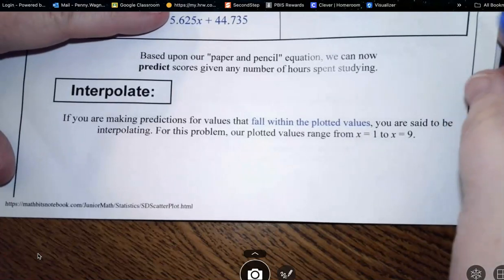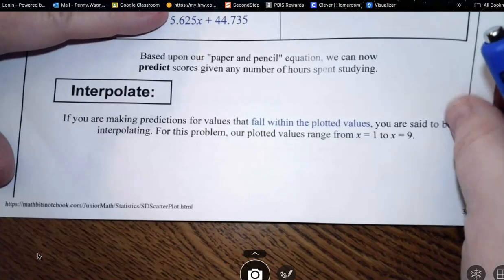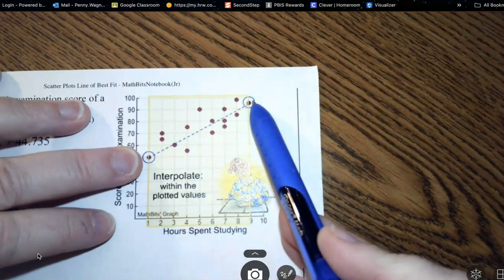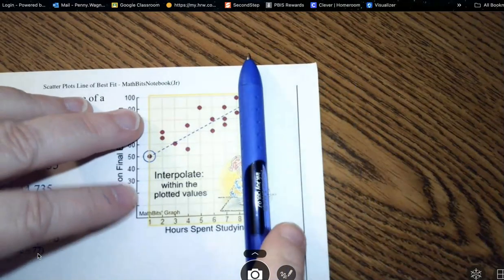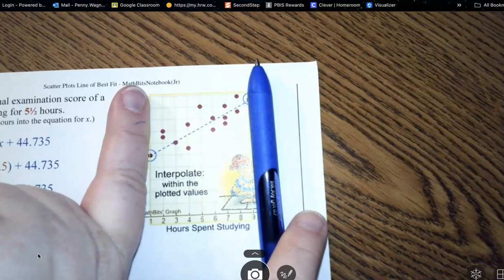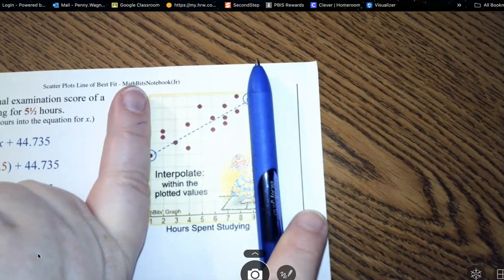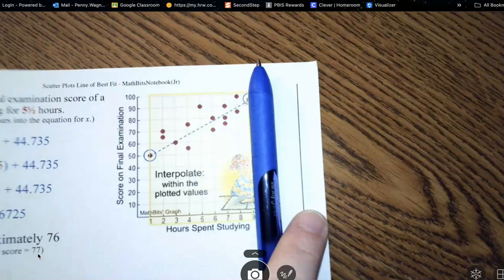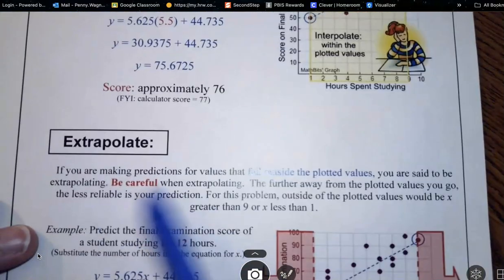So if I were to take that same graph and I were to look at where the data starts and ends, and that section between here and here, if I were to guess between there or predict within those ranges, that's interpolation. It's within the plotted values. So I have something there I can use to interpret. Okay? So that's interpolate.